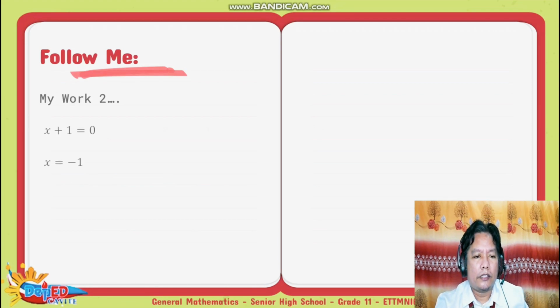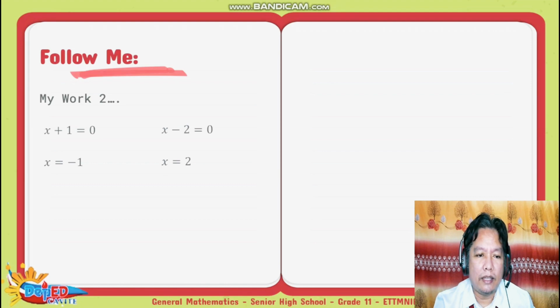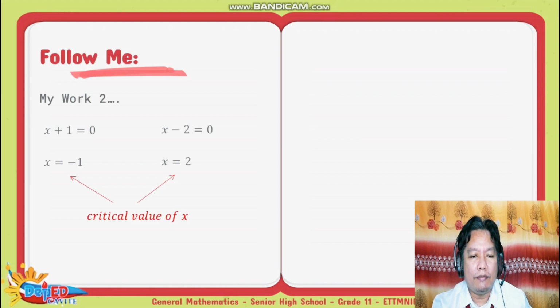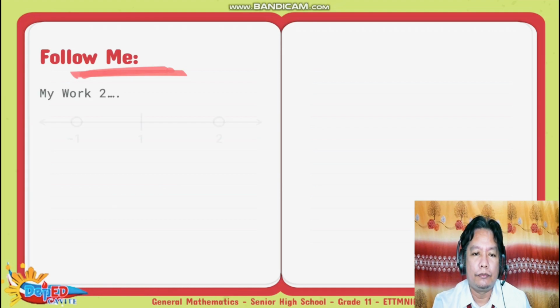So our x plus 1 is equal to 0, x is equal to negative 1, and x minus 2 is equal to 0, our x is equal to positive 2. So the critical values of x are -1 and +2.